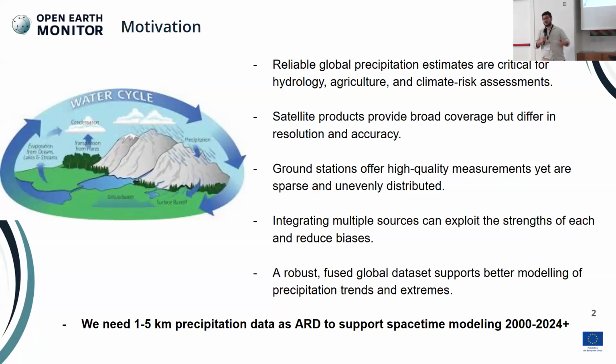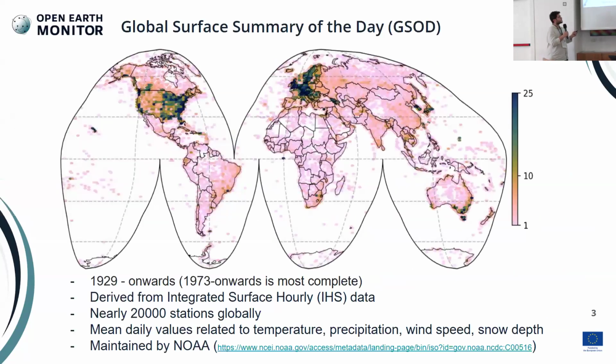So far, we've been using Chelsea and some downscaled versions of precipitation datasets, but we also suffer a lot of artifacts in our spatiotemporal modeling. The starting point of our modeling was the GSOD dataset that is distributed by NOAA and NASA. It's the Global Surface Summary of the Day, which summarizes a couple of main climate covariates as a daily data set.